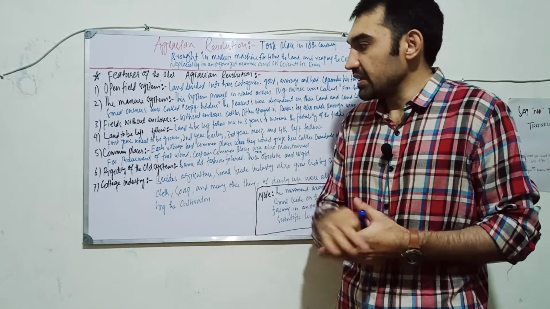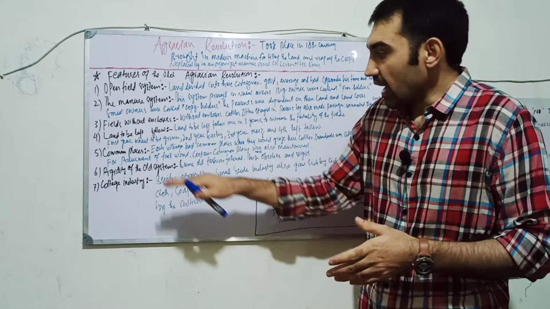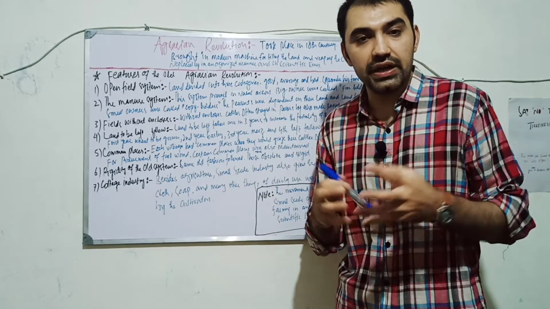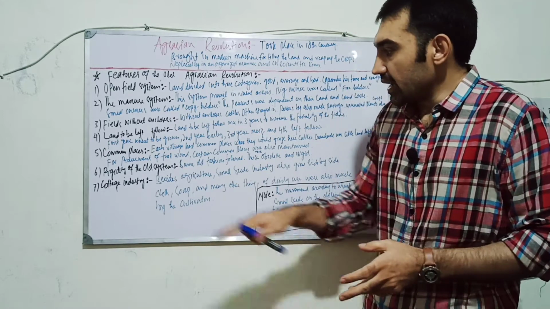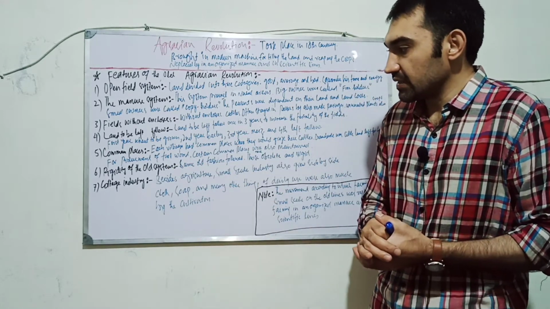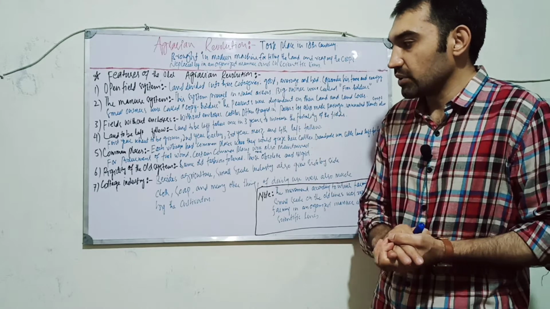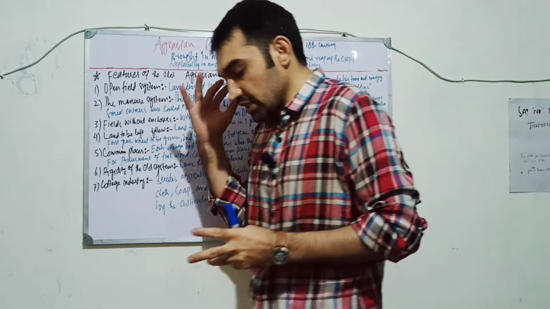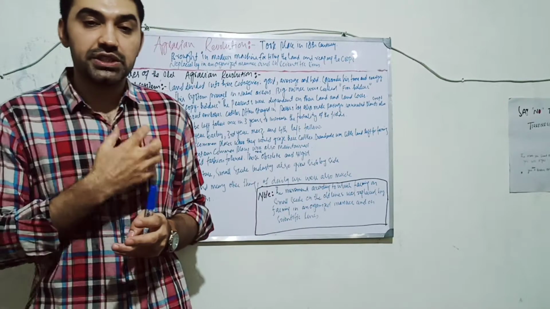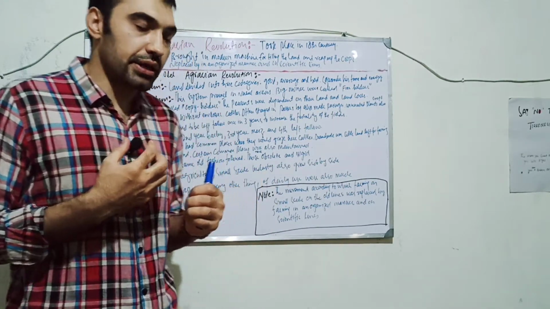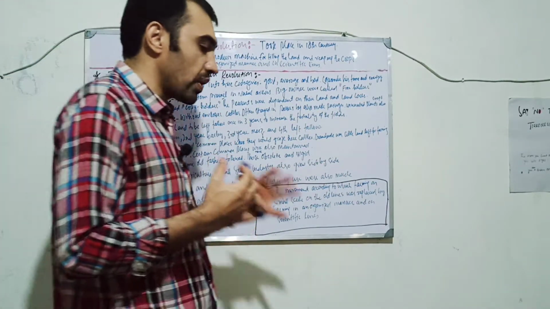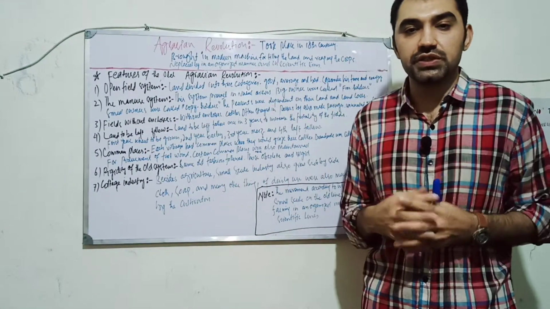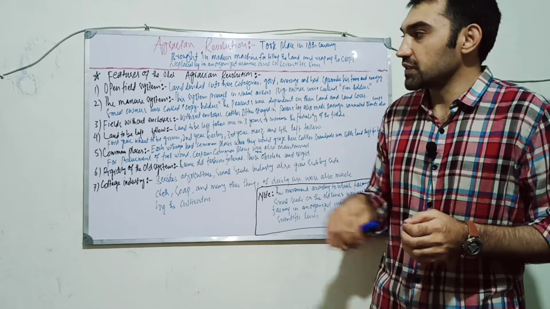The fifth is commonplaces, and the sixth is rigidity of the old agrarian system. And the seventh and final feature was cottage industry. So these were the important features of the old agrarian system. Let's discuss one by one in detail.